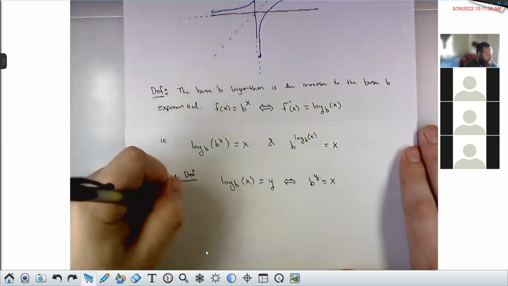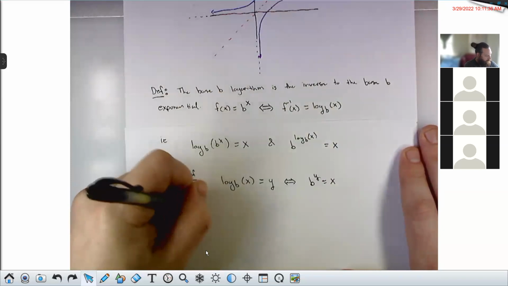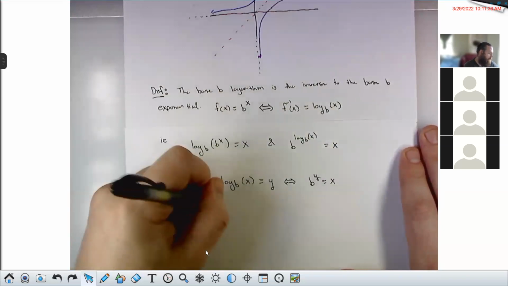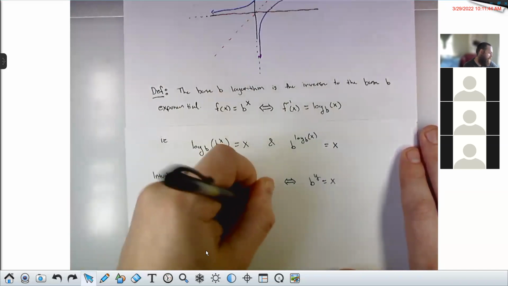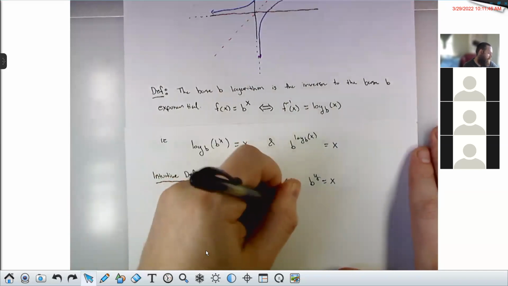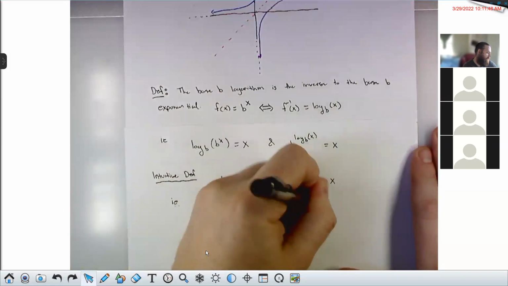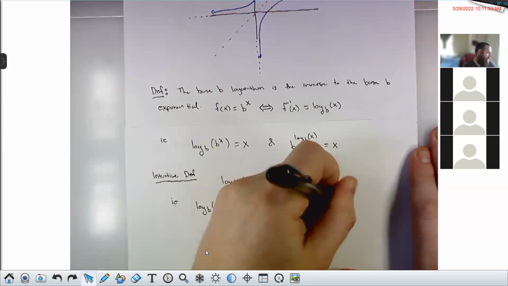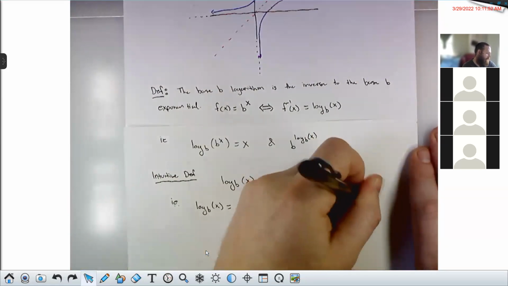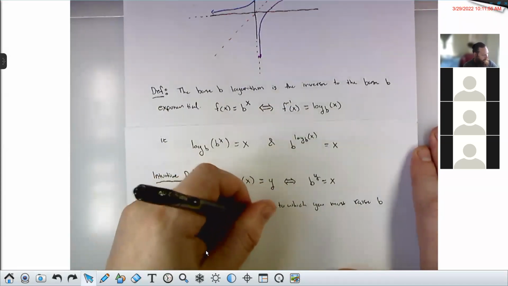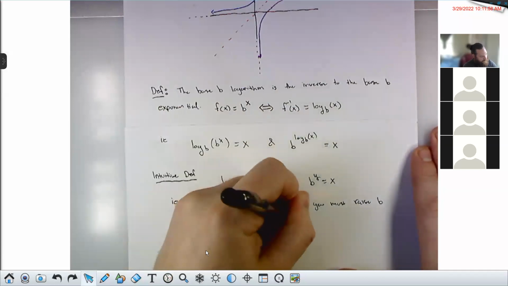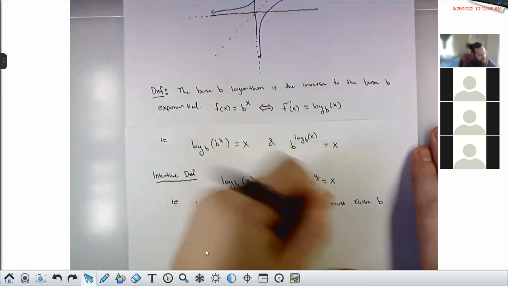Or in words, the base b log of x is the power to which you must raise b in order to get x.